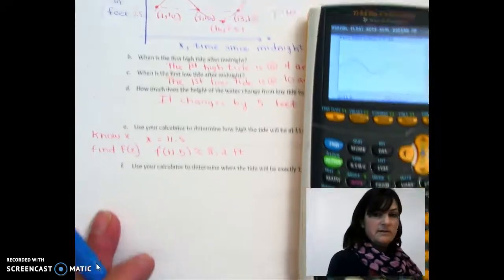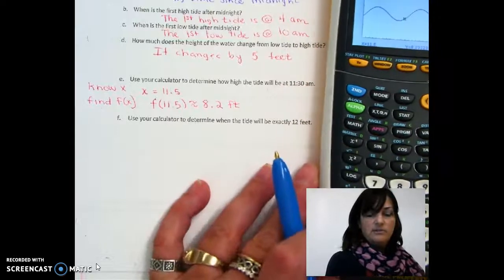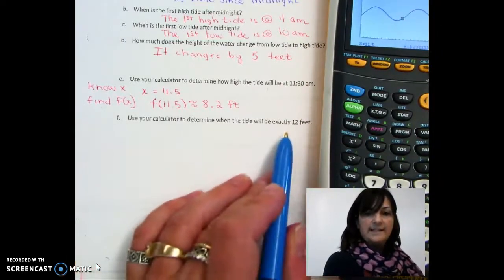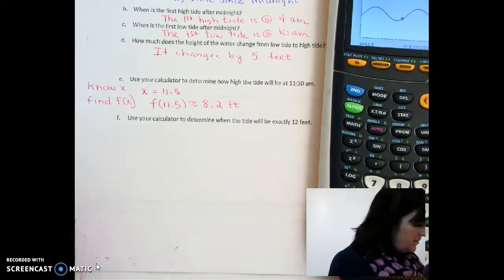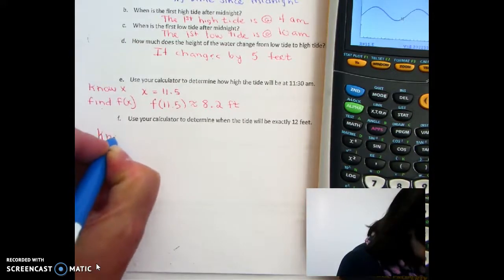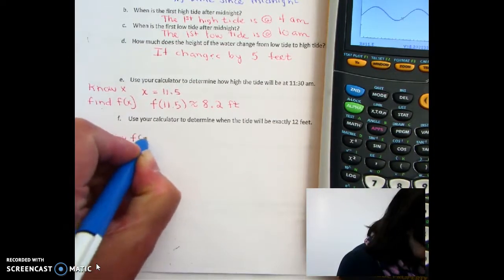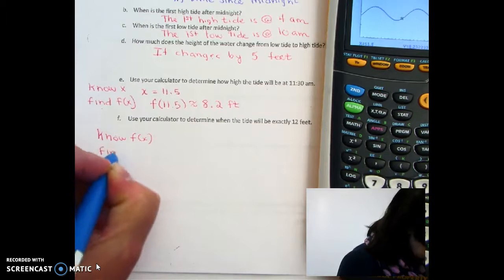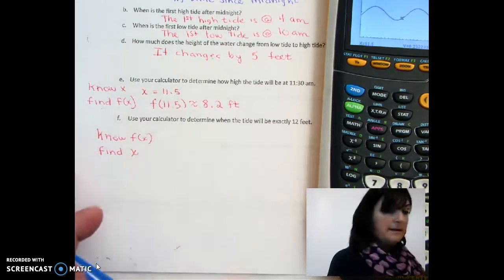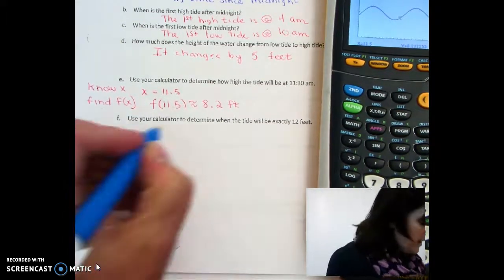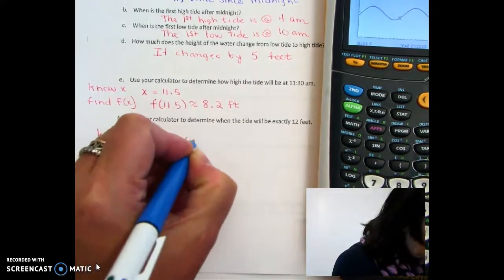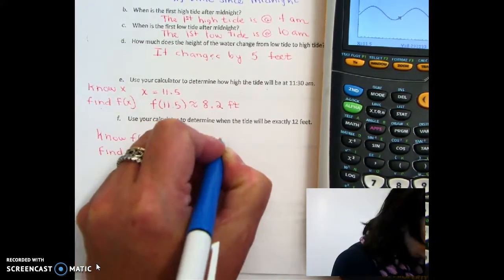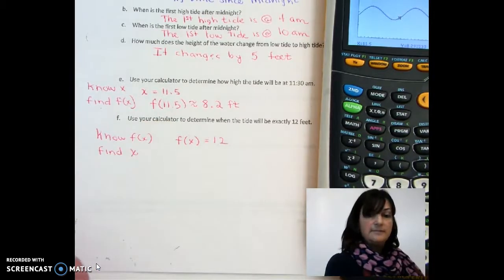Okay, the next part down here says that we want to find when the tide will be exactly 12 feet. So now we know f of x, and we want to find x. The way that we do this problem is we're actually going to make an equation. We want to figure out when f of x is exactly 12 feet.